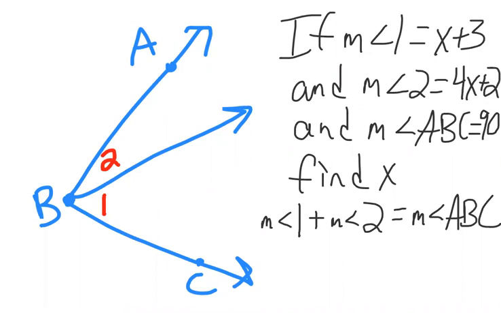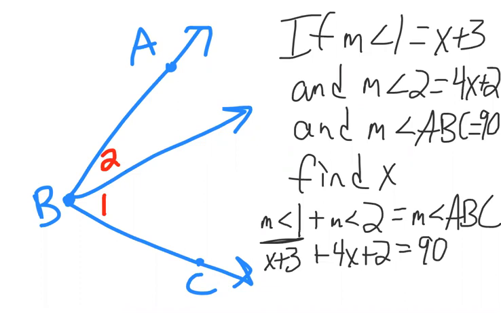Angle 1 is just x plus 3. Angle 2 is just 4x plus 2. And the measure of angle ABC, they told me it was 90. Great. Now I have an equation, and I should just be able to solve it and get my answer.